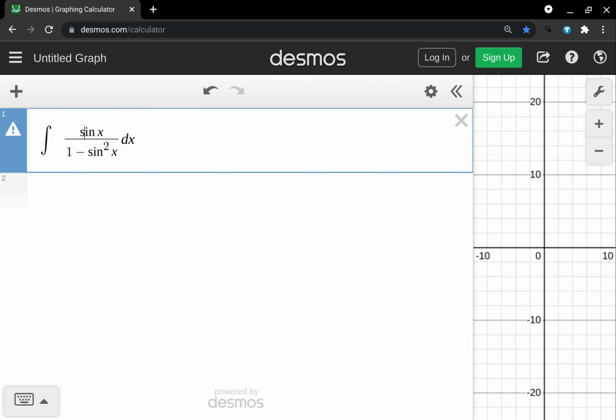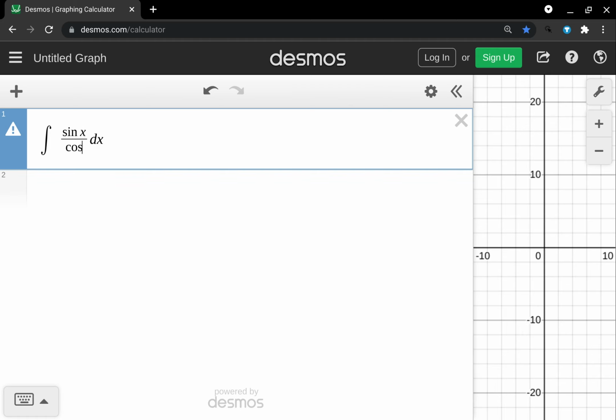So, how do we approach this? We definitely do not know how to find the integral of the quotient of two functions, but we do know our trig identities. And we can rewrite this as cosine squared of x.